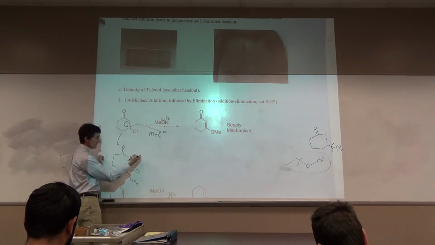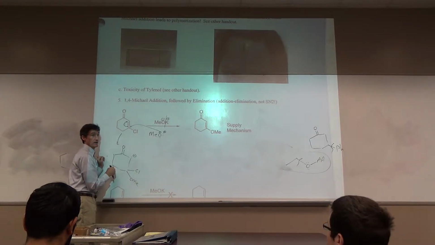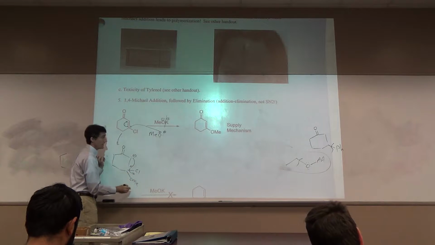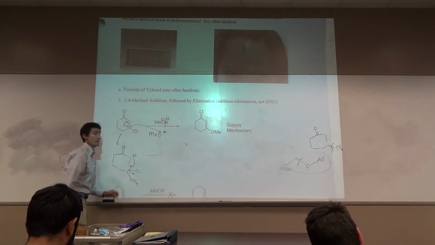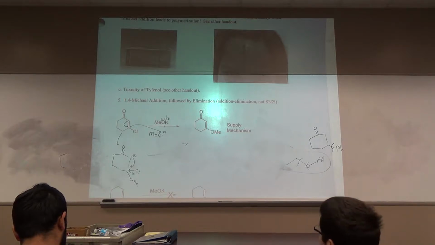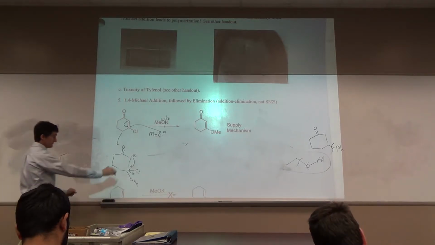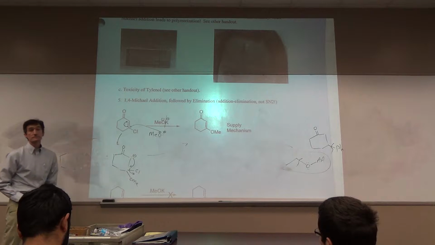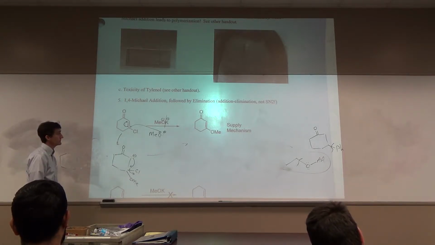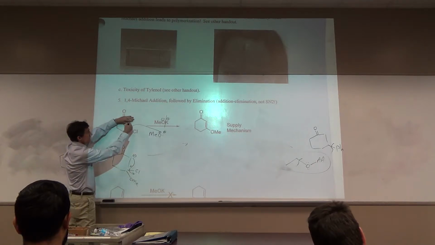What do you want to do next? This can pick up a proton, but what else could it do? Electrons down. There you go. It's an addition-elimination reaction, which begins by a Michael addition, followed by back down, kick it off. It's almost as if that was a carbonyl.